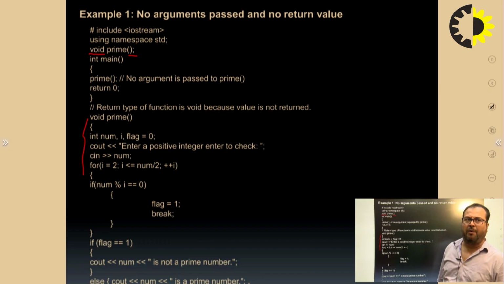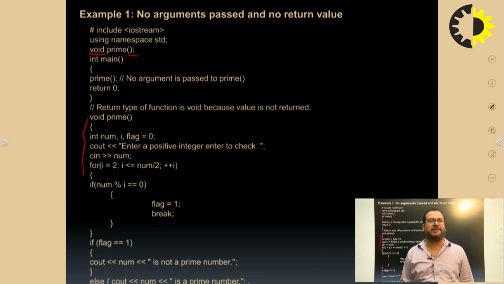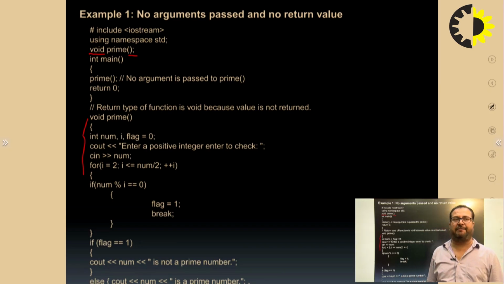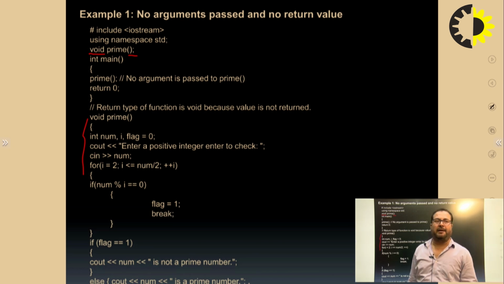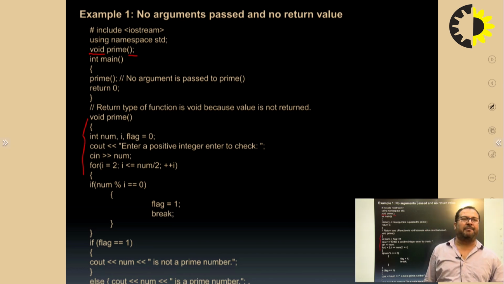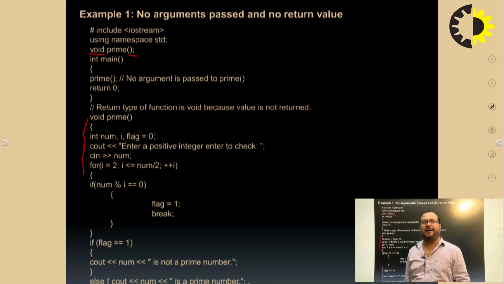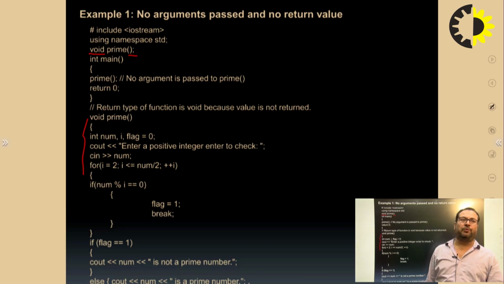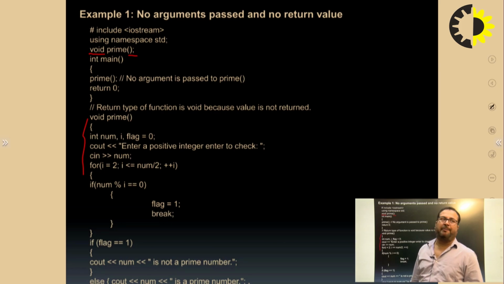Okay, so what is a prime number? A number which is divisible by either 1 or itself. Meaning a number could be prime if it is not divisible by any number from 2 to less than the number. If it is divisible by any number in that range, then it will not be a prime number. That is the simple logic which we have shown here.